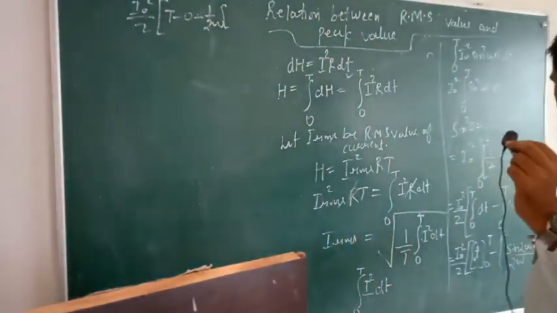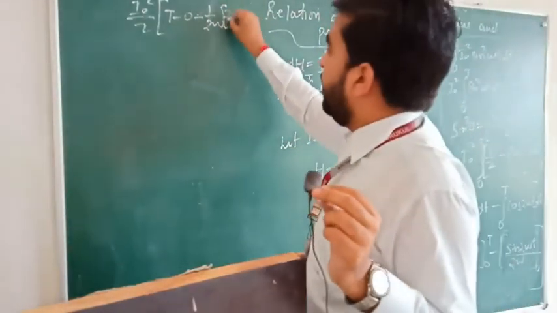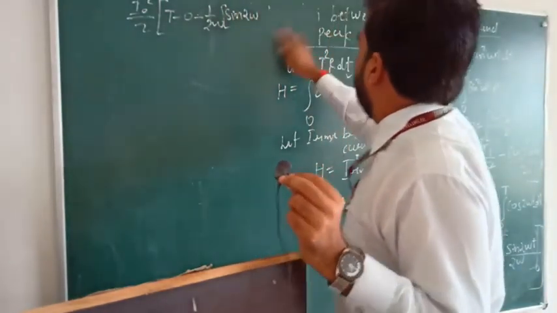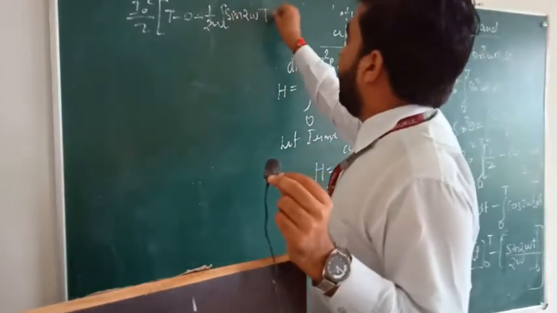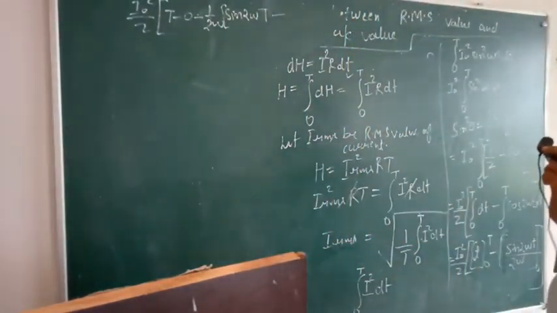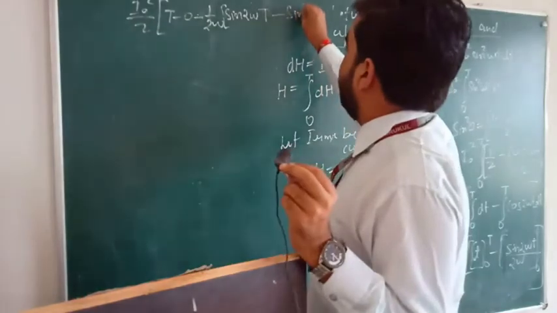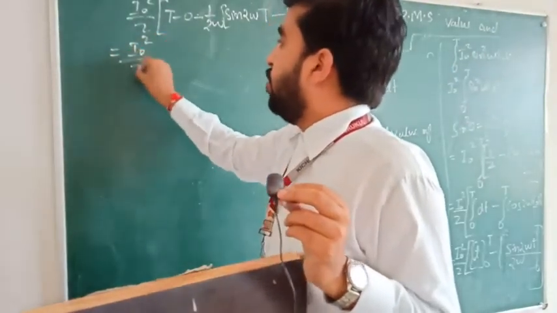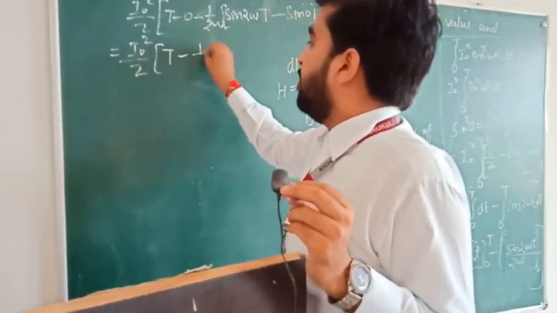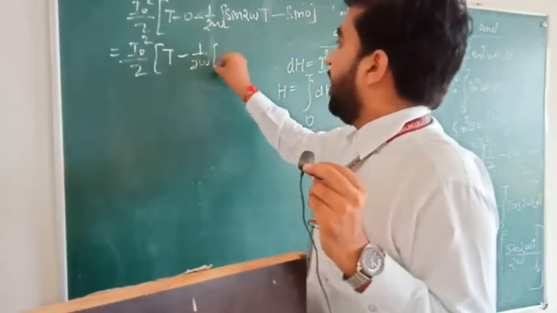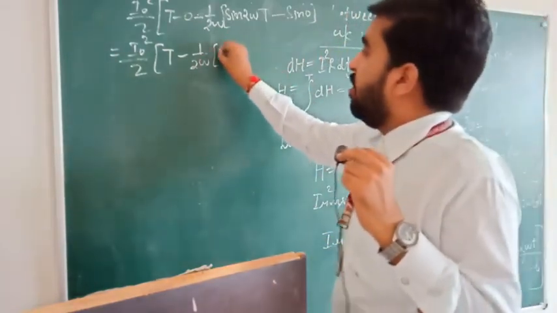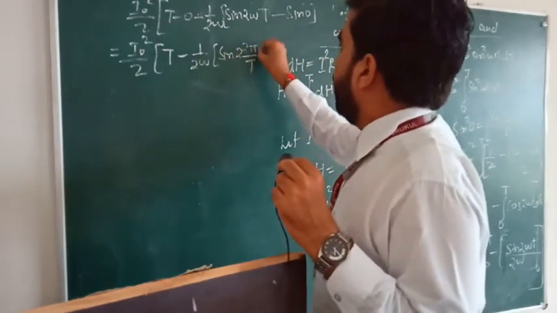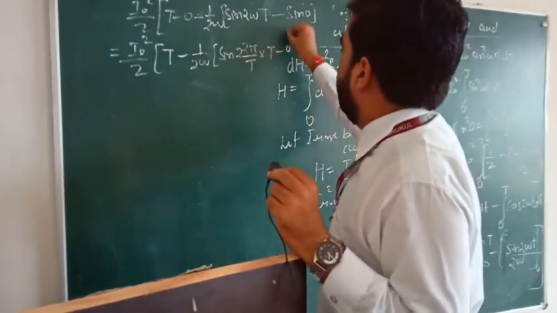Now sine 2 omega t, the upper limit is capital T, so sine 2 omega capital T minus sine 0. Sine 0 is actually 0. Now substitute this value: I naught square upon 2, T minus 1 upon 2 omega sine. What is the value of omega? 2 pi upon T, into T, minus sine 0, which is 0.